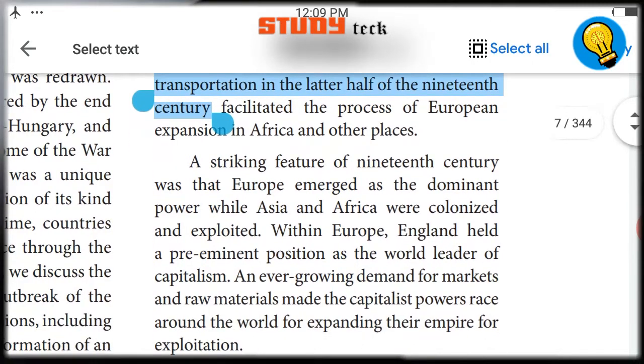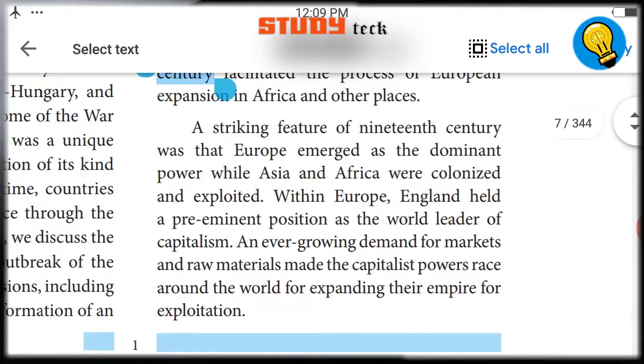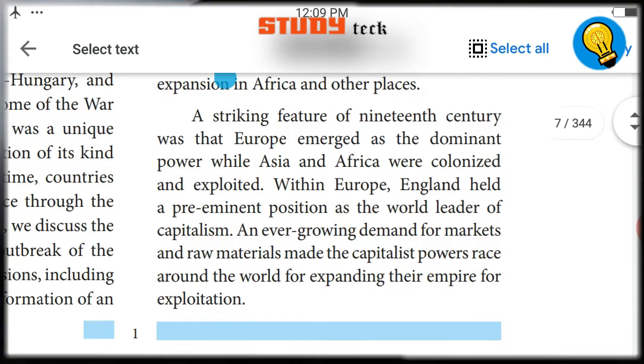A striking feature of the 19th century was that Europe emerged as dominant and more powerful, while Asia and Africa were colonized and exploited. Colonized means people of one nation go to other countries and settle there, and those places are called colonies. Exploited means the resources of the captured countries are exploited.